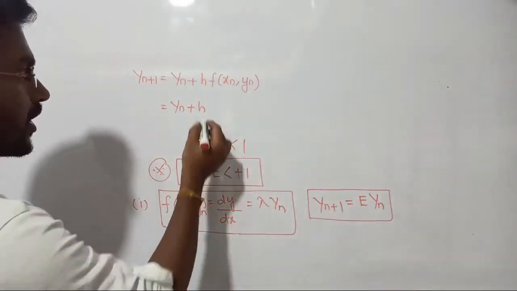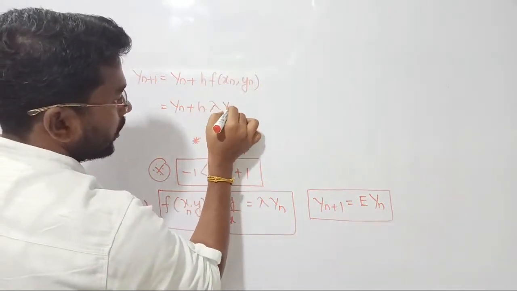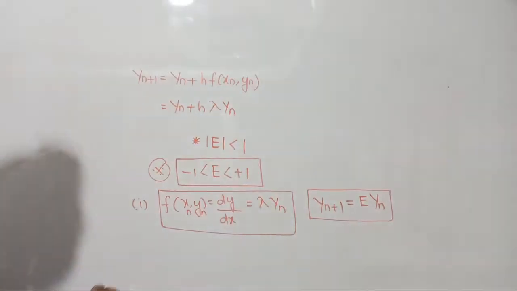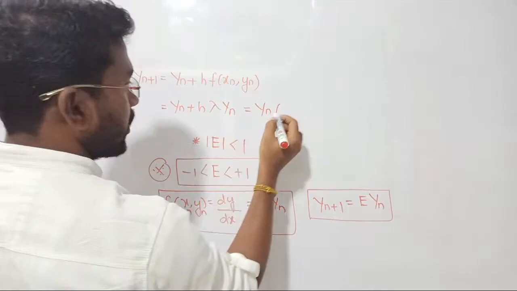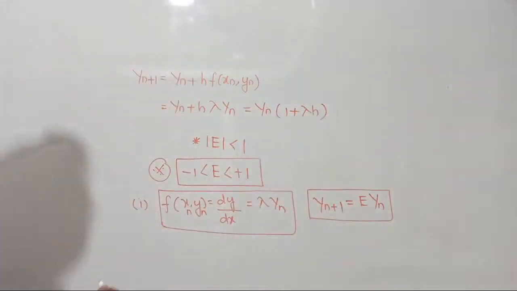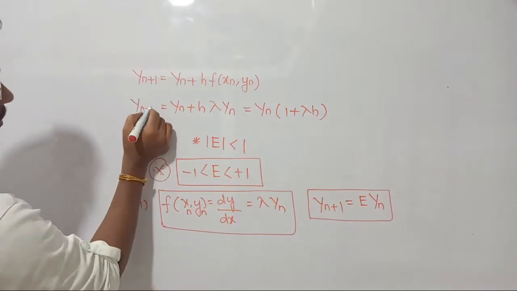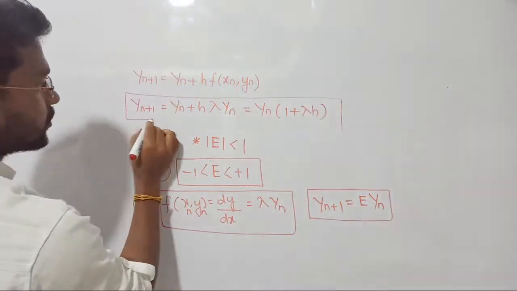Don't think too much, right? So f of xn comma yn can be replaced by lambda times of yn, first thing. Next thing, from here just you can take yn outside, and you are going to get 1 plus lambda times of h, times of yn. This is yn plus 1 from Euler method, correct?